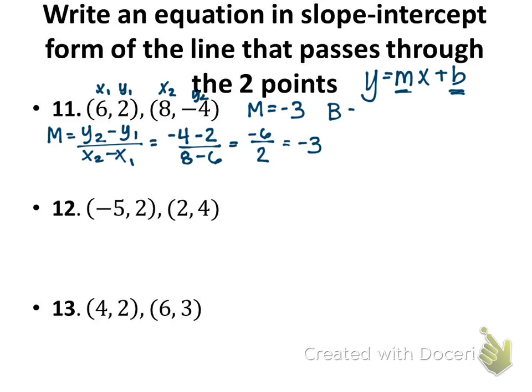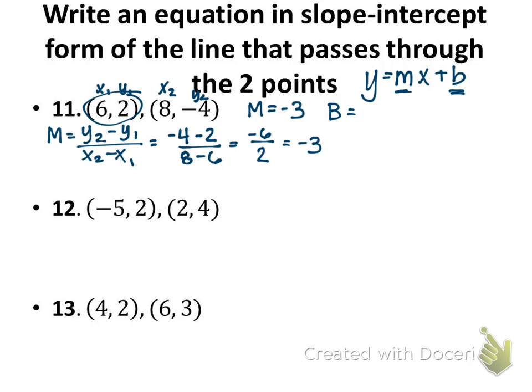Do I know the b? No. So what I have to do now is find the b. Well, now I'm back in the same spot that I was on questions 7 and 8, where they said, here's your m, here's a point, find b. On this one, though, they give us 2 points. Which one do I want to use? First one. We can use the first one, or I can use the second one. It really doesn't matter. You can use whichever one, and you will get the same b. So let's use the first one since they're both positive numbers.